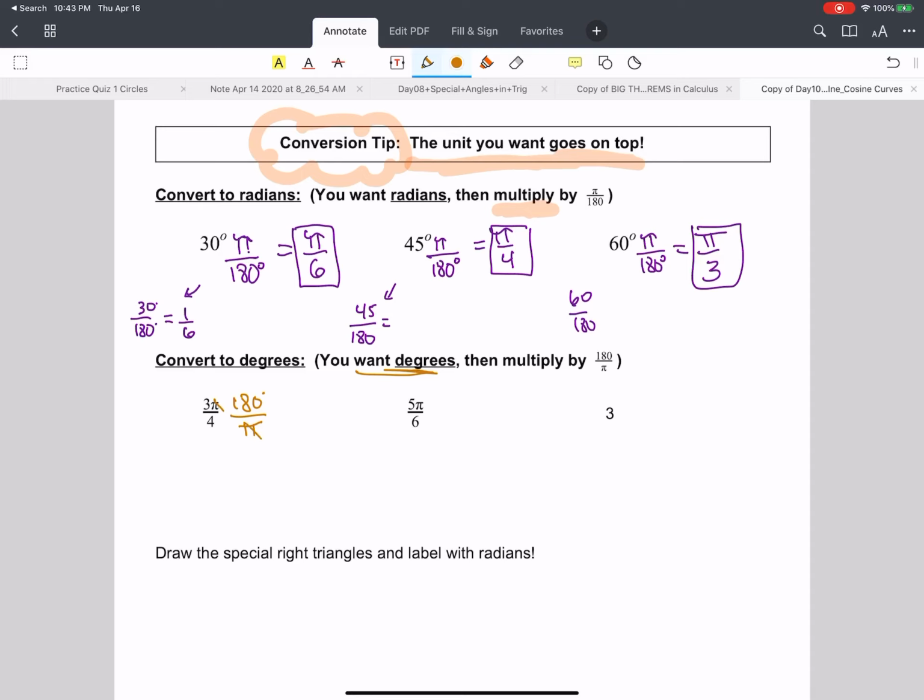So then this is 3/4 times 180. You can put that in your calculator. I prefer you do 180 divided by 4 first and then multiply by 3, but it doesn't matter how you do it. So it's 3 over 4 times 180, so that is 135 degrees.